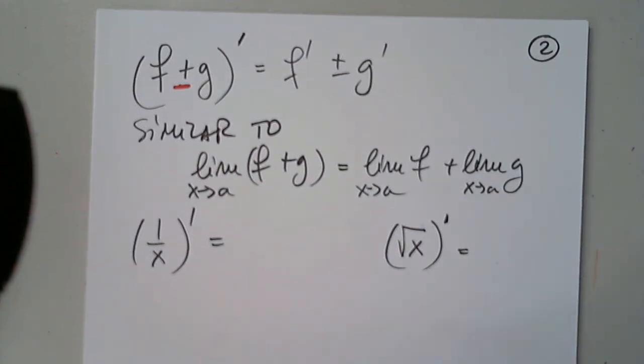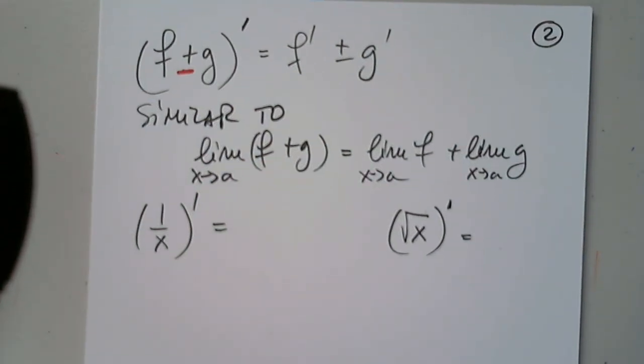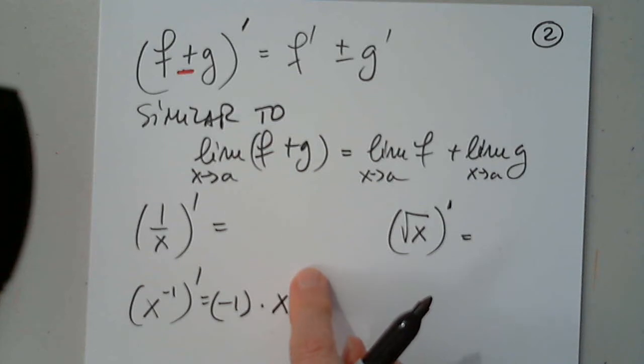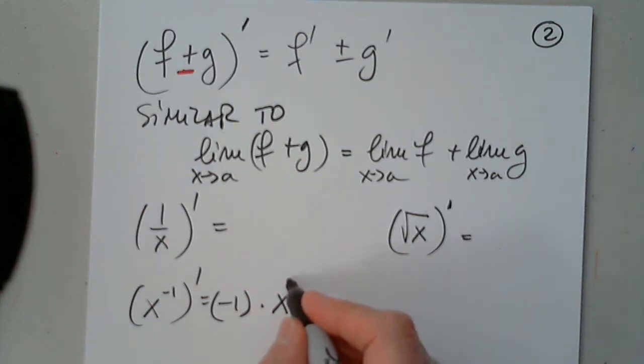Okay, so 1 over x, is there another way of writing 1 over x? X to the negative 1. Very good. So x to negative 1 prime, I'm applying the power rule. Negative 1 goes in front, times x to which power? Negative 2. Very good.